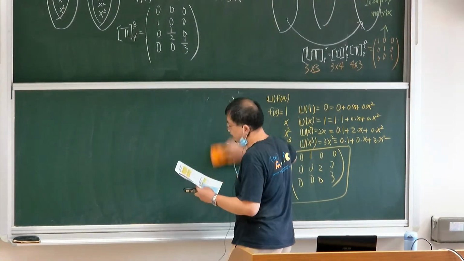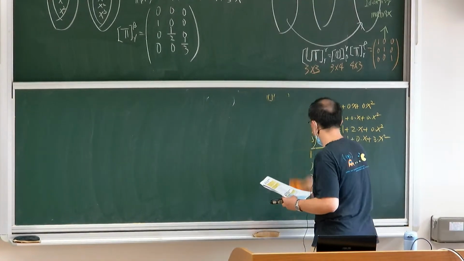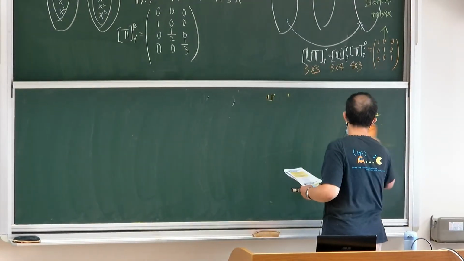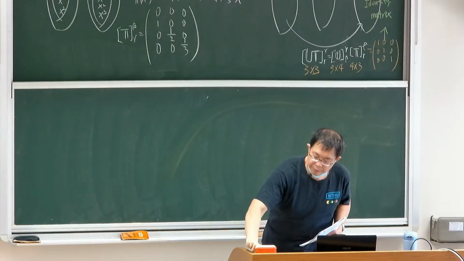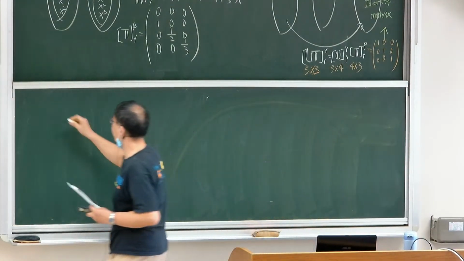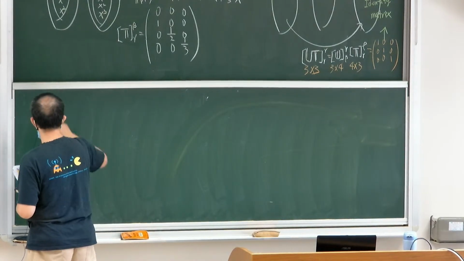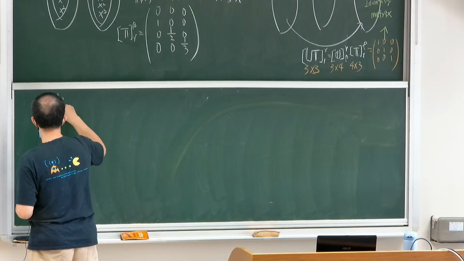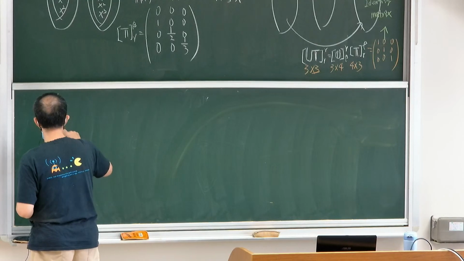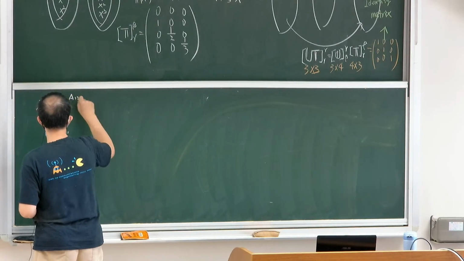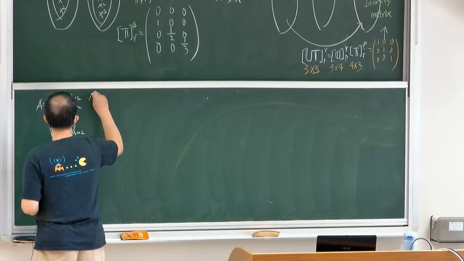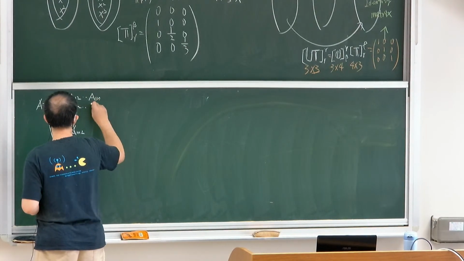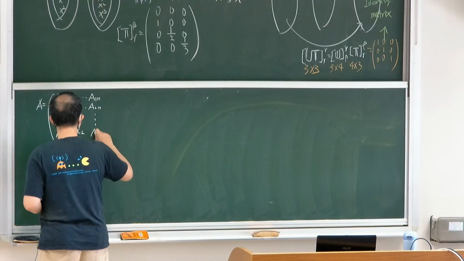A is an m by n matrix, so I can write it as A equals A11, A21 to Am1, A12, A22 to Am2, and A1n, A2n to Amn.